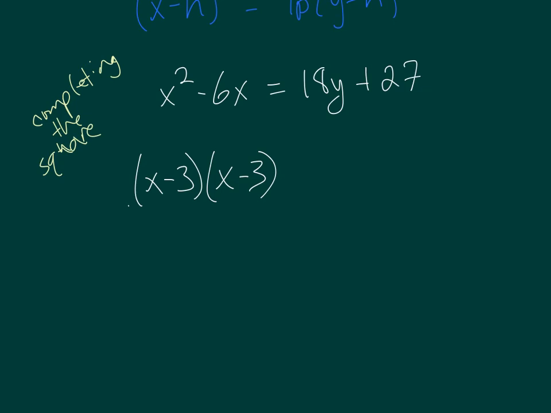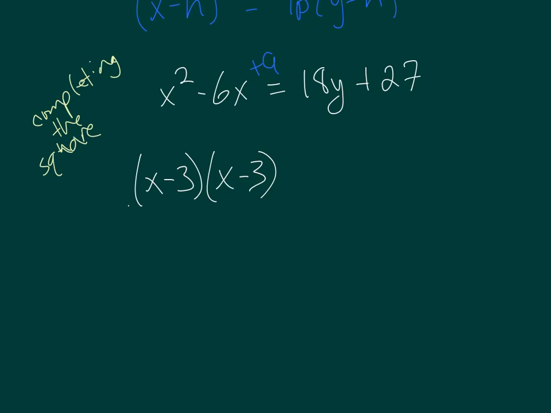What I did though, implicitly, was I actually added a number to this side of the equation so that I could factor it into a perfect square. And if you notice, -3 times -3 is a positive 9. So what I did sneakily was I added 9 to the left side. This x squared minus 6x plus 9 can now be factored into this.